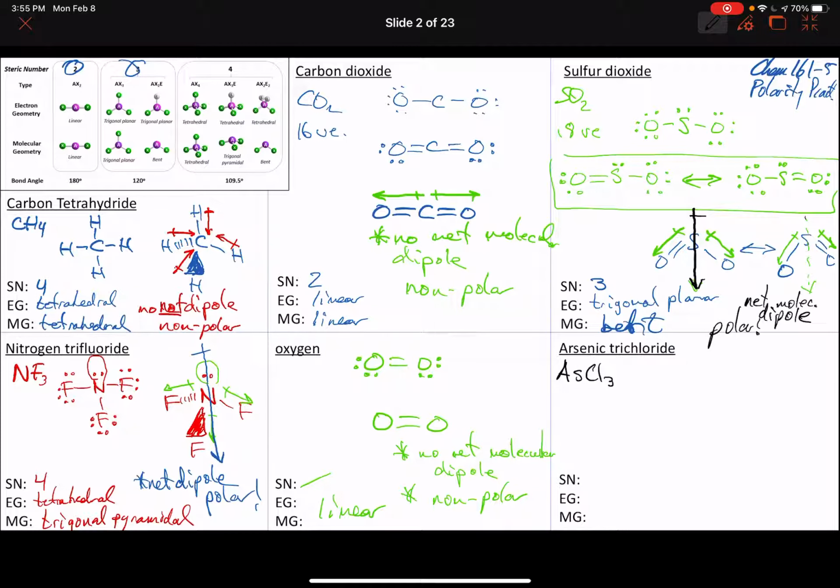Okay, lastly, arsenic trichloride, AsCl3, and so we could put the arsenic at middle. We know that this is going to be based on 26 valence electrons.